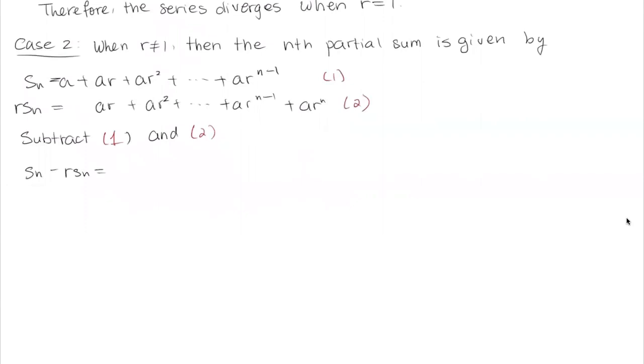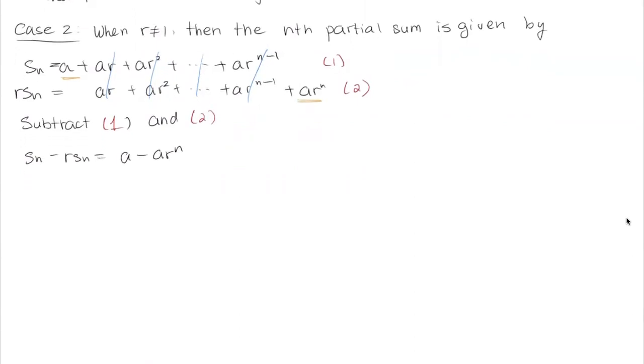On the right-hand side, when we take the difference, these middle terms here all cancel out, and what we're going to be left with is just this a and minus ar to the n. So we have a minus ar^n. Good. So now we could actually common factor out some terms here.